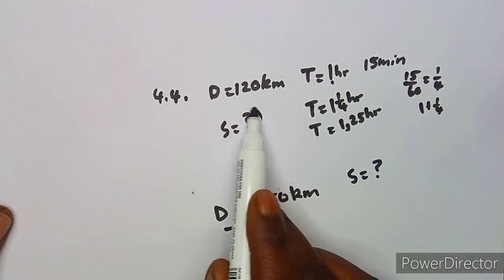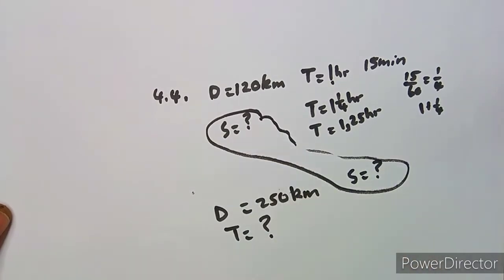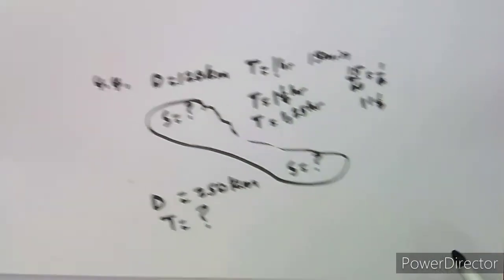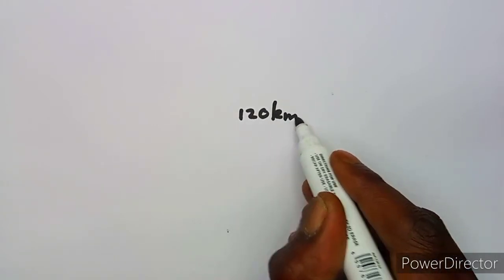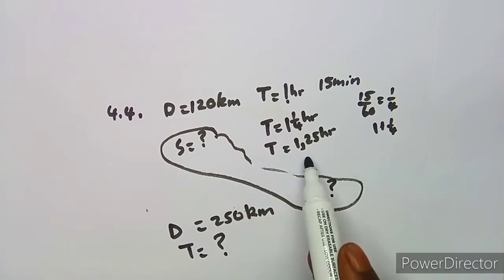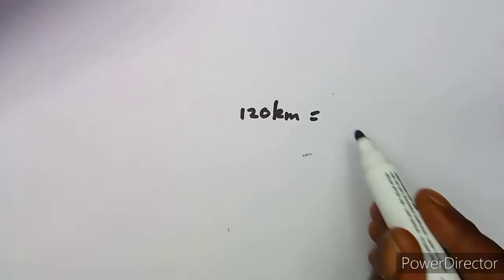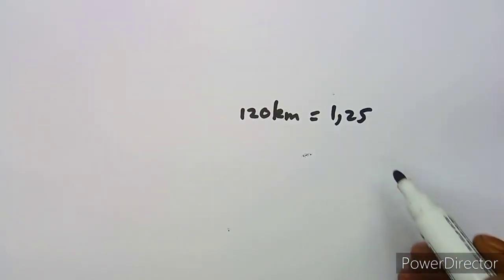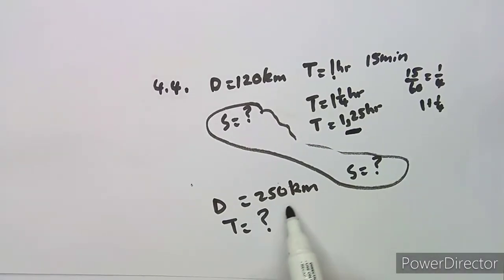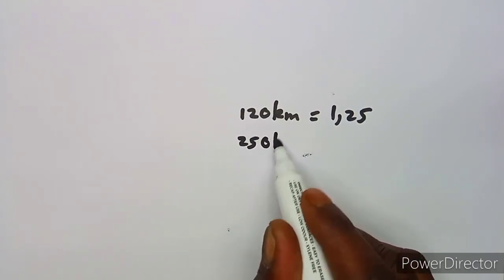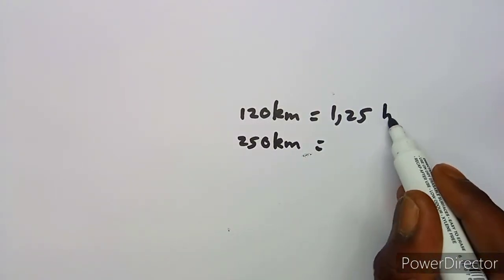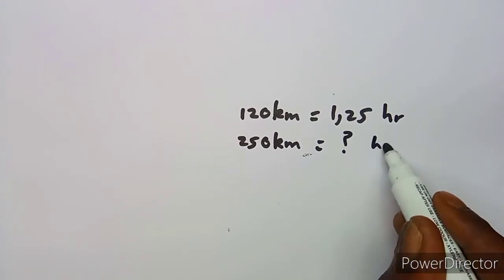Since the speed is the same, we can apply simple proportion to say that when I am covering a distance of 120 kilometers, the corresponding time is 1,25 hours. When I am covering a distance of 250 kilometers, since the speed is the same, what is going to be my time in hours?